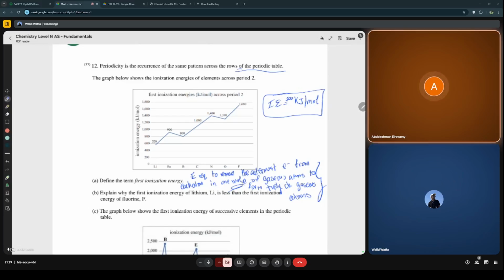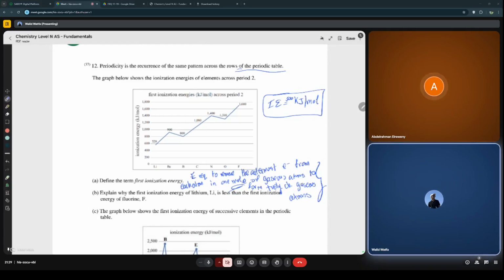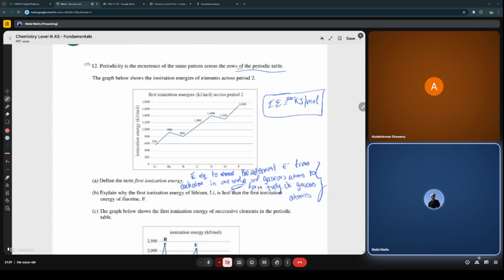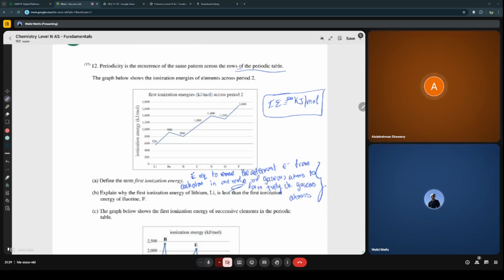I'm saying ionization, because if you say second, you're gonna say one from the first. Let's say they said define the term second ionization. What would you write? The energy required to remove the outermost electron from each atom in 1 mole of gaseous atoms to form positively charged gaseous atoms.